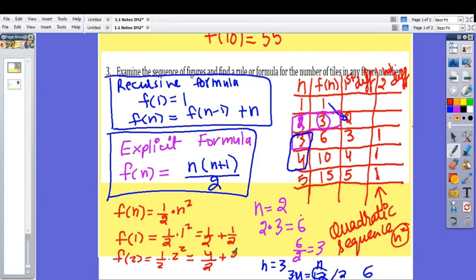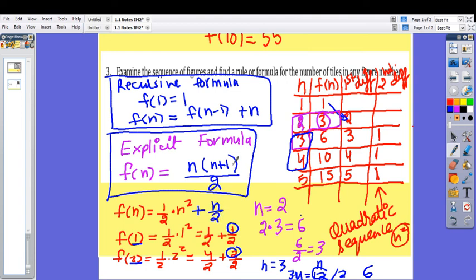Instead of writing 1, how about we write 2 over 2? So if you think about it, if n is 1, this is 1. If n is 2, this is 2. If you do f of 3, then this will be 3 over 2. So all we need to do is add n over 2, because this is the same as the n term.